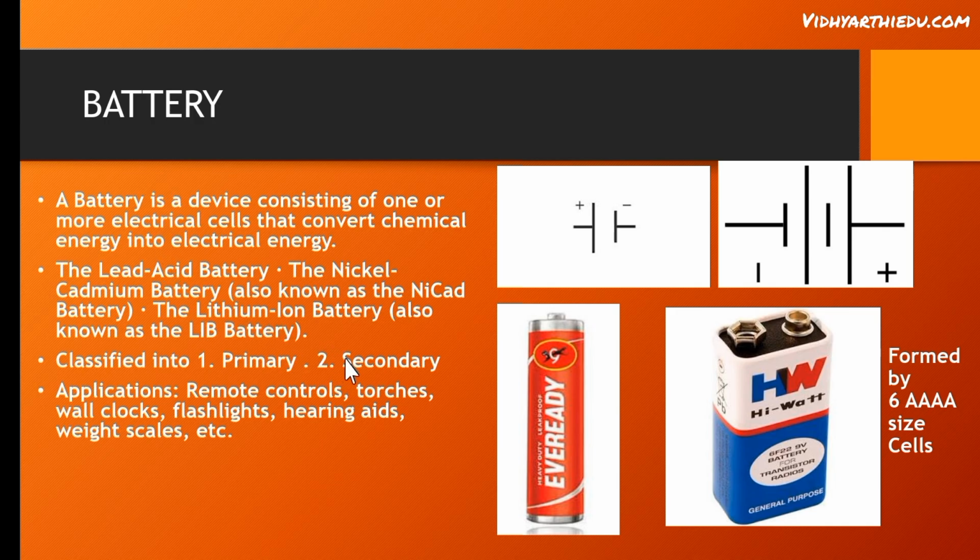Applications of these batteries are remote controls, torches, wall clocks, flashlights, hearing aids, and weight scales. So we can also say that a battery is an electrochemical device that converts chemical energy into electrical energy.